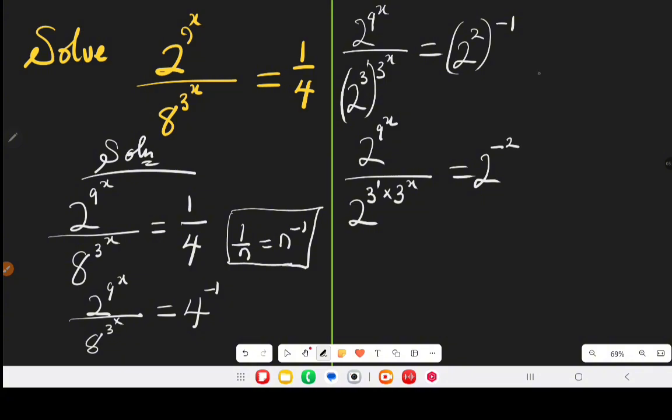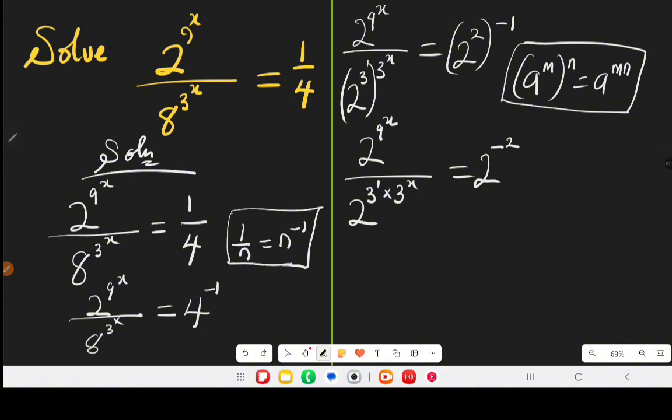Because in law of indices, whenever we have a raised to the power of m, raised to the power of n, it is equal to a raised to the power of mn, which we have applied here. Then everything is in base 2.